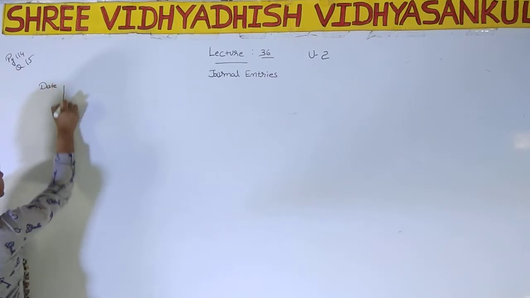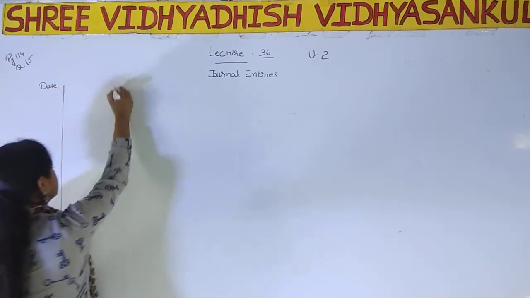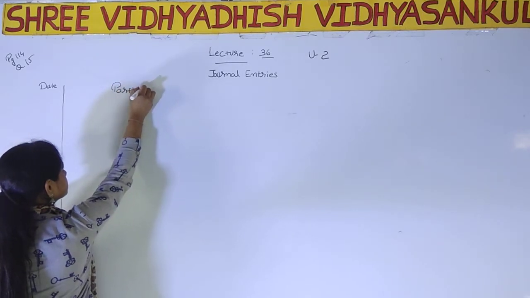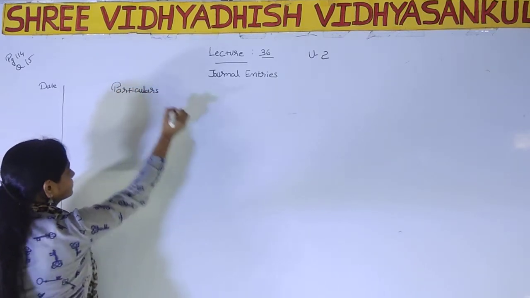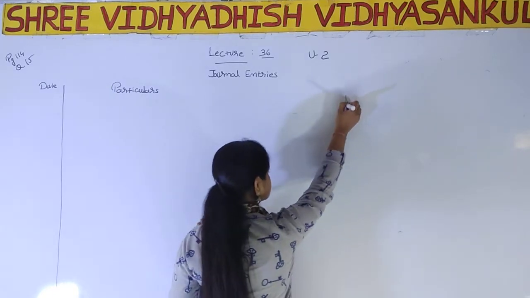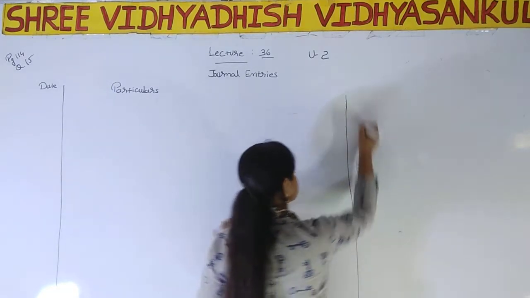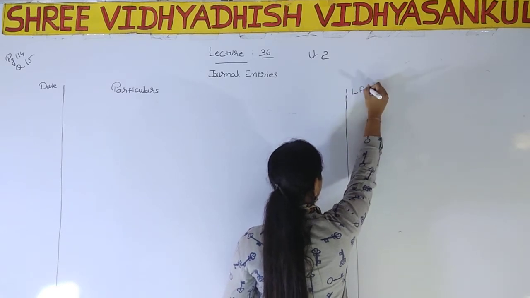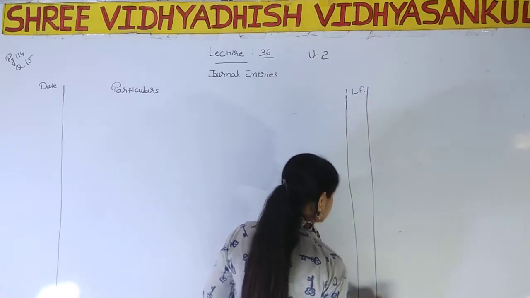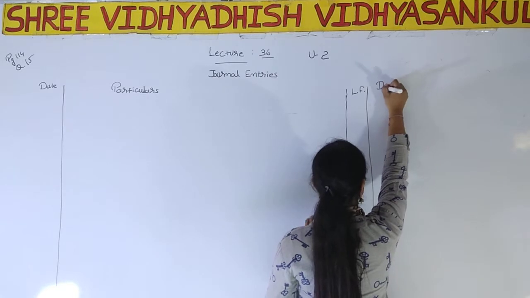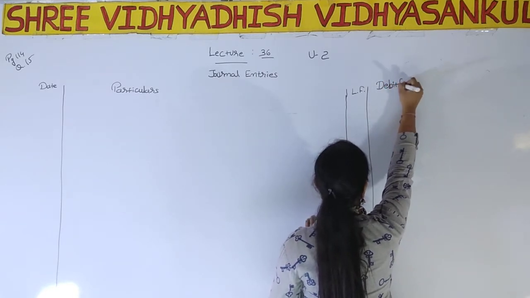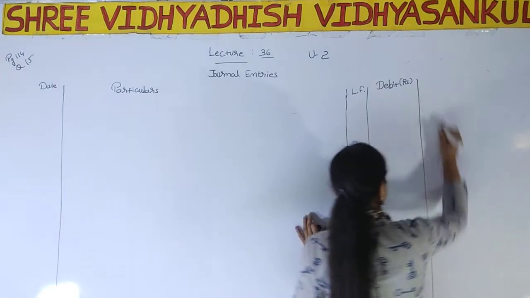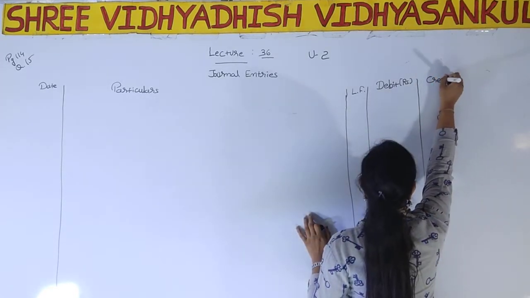Date, then comes particulars, LF, debit rupees, and credit rupees.